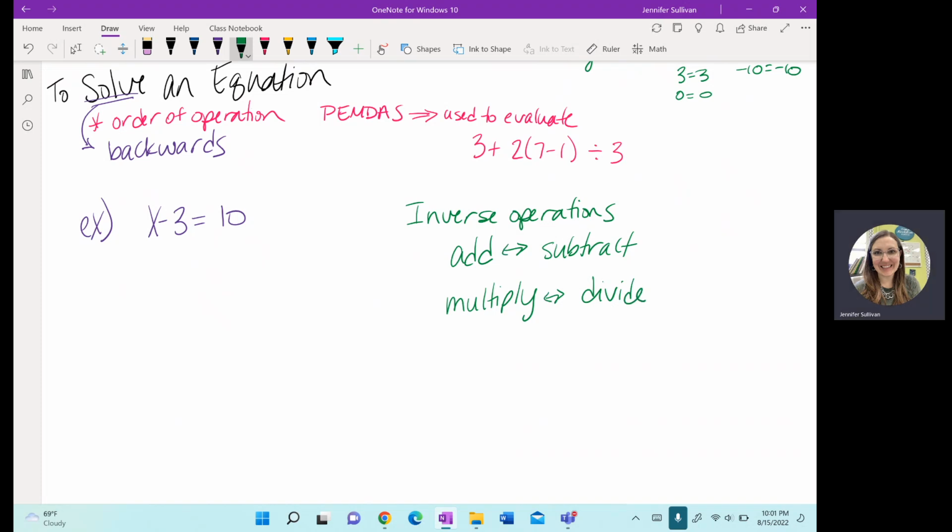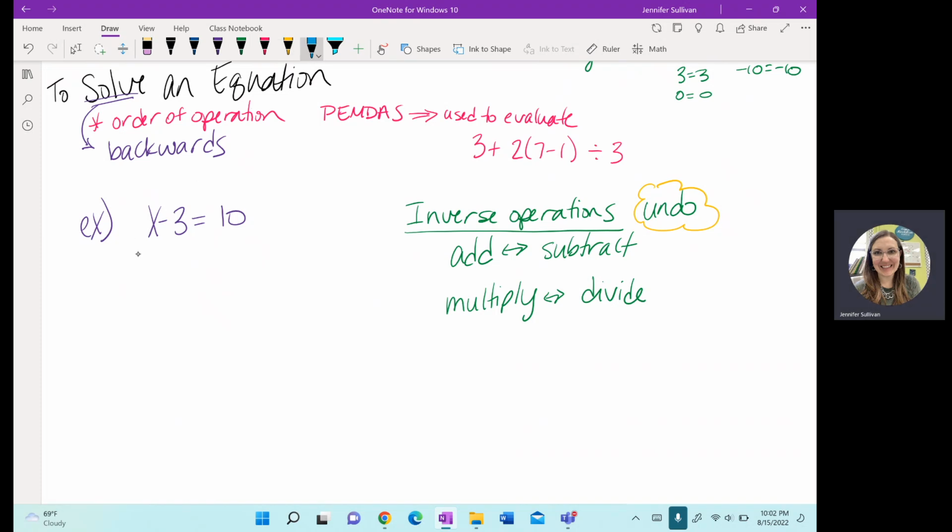But they actually work in partners, because if I said, what's the opposite of divide? You would tell me multiply. And what's the opposite of subtract? Add. And so we undo by using the inverse operations. So inverse operations undo. And I love this word. I use this word undo all the time.